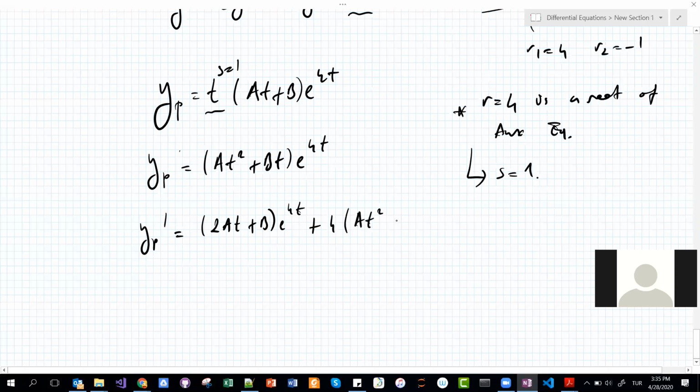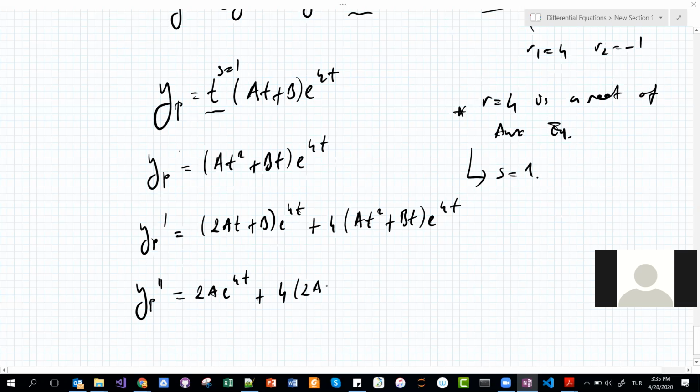Yp prime is going to be equal to the derivative of (At squared plus Bt) e to the 4t. And the second derivative is going to be the derivative of this one: 2a times e to the 4t plus 4 times (2at plus b) e to the 4t and plus 16 at squared.